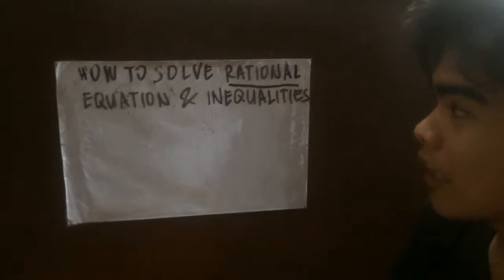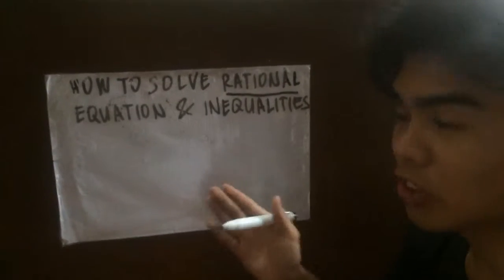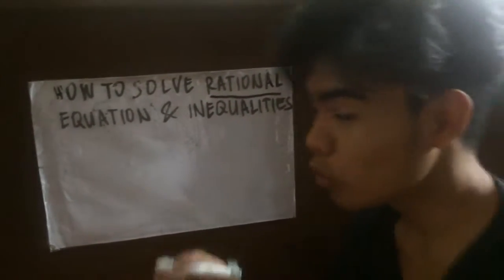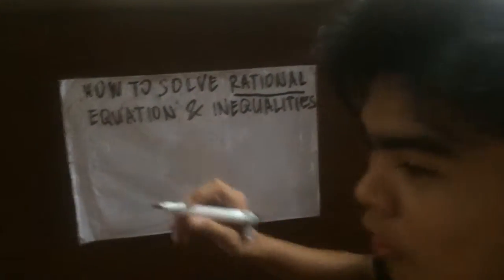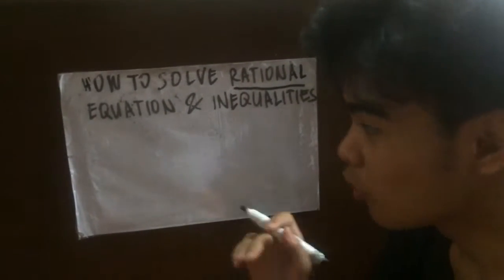Okay guys, nandito tayo para mag-aral ng how to solve the rational equation and inequalities. Una, yung rational equation. Paano nga ba ma-solve ang rational equation? Una, kukunin muna natin ang LCD.